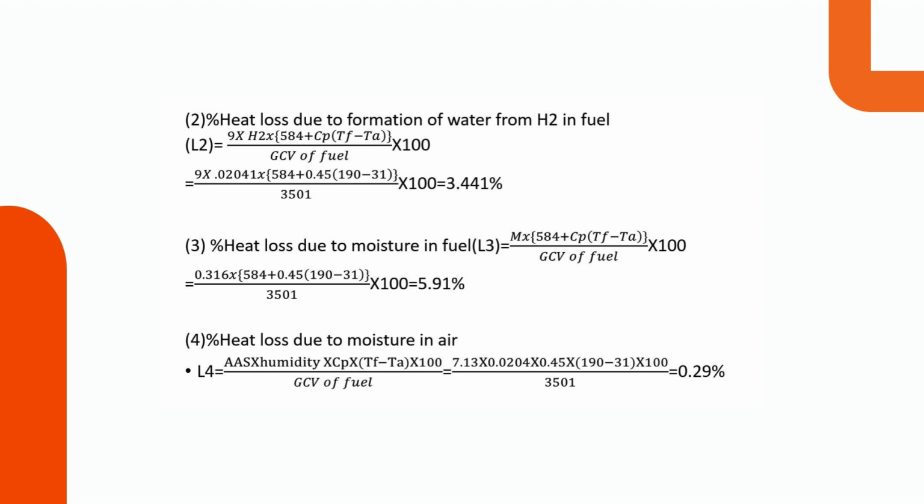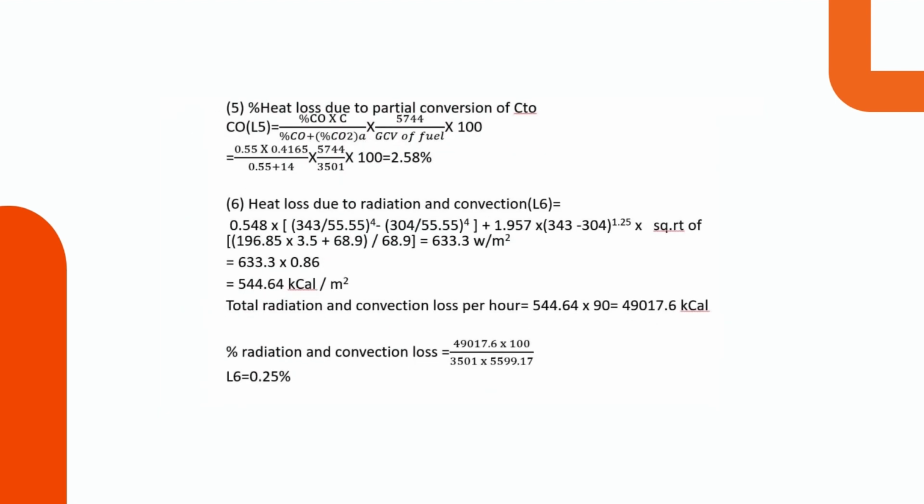Third, percent heat loss due to moisture in fuel L3, which is 5.91%. Fourth, percent heat loss due to moisture in air L4 is 0.29%. Fifth, percent heat loss due to partial conversion of C to CO L5, which is 2.58%.